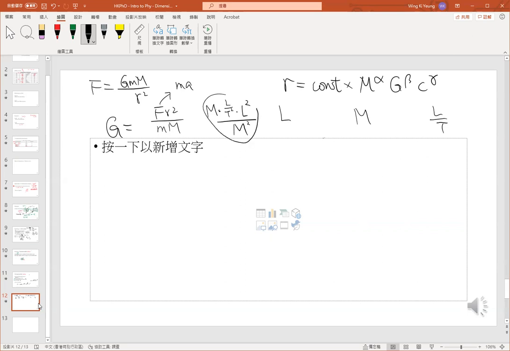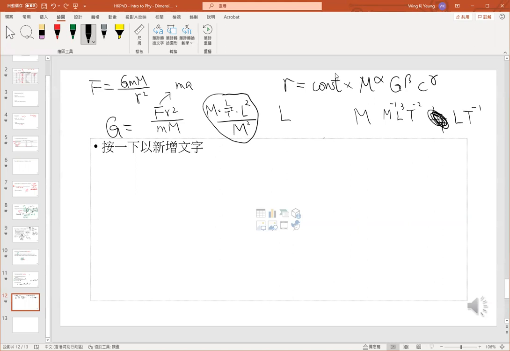Then you do some simplification and you get this as M to the power negative 1, length cubed, and time to the power negative 2. Later on, you should be able to derive the dimension by yourself if you learn more formulas.